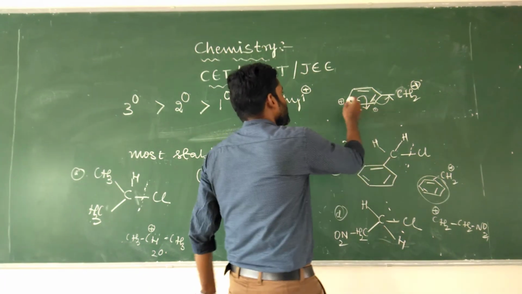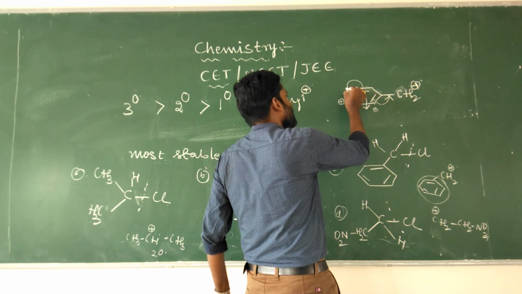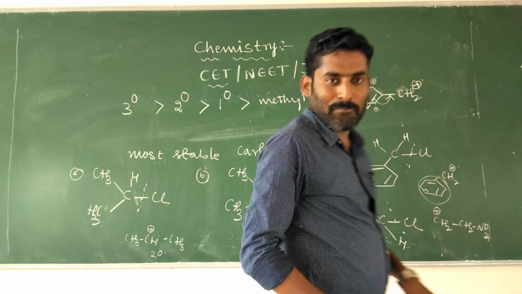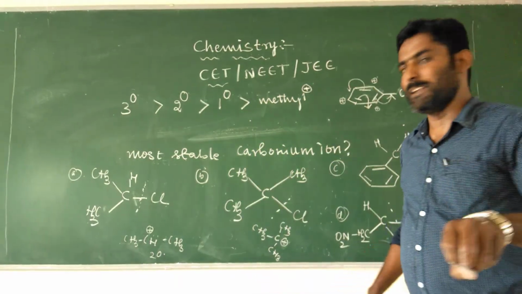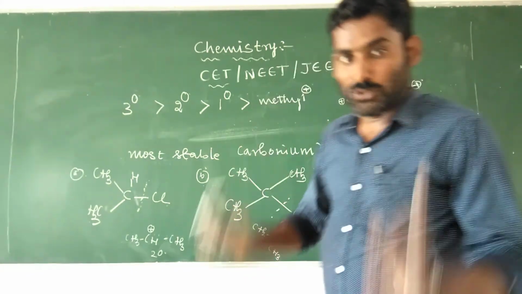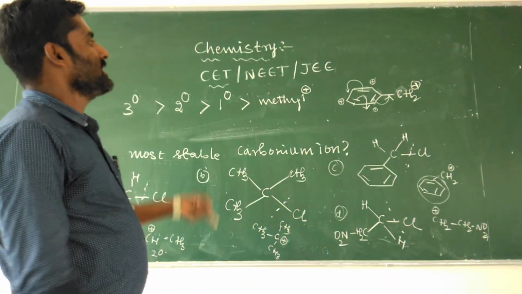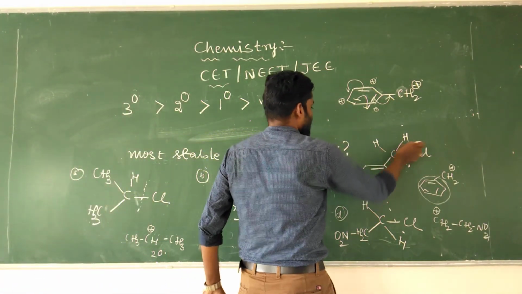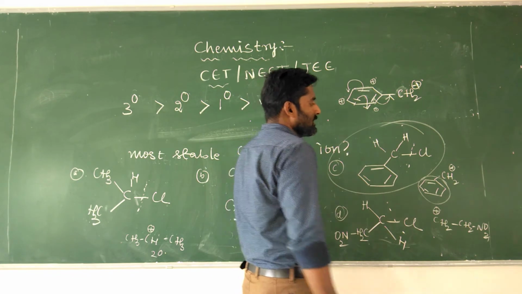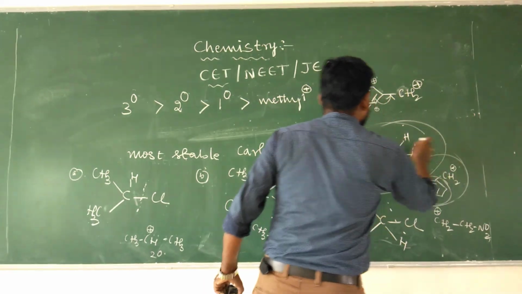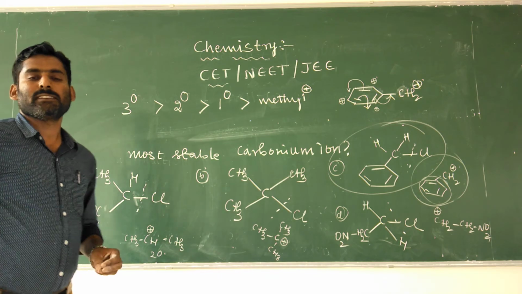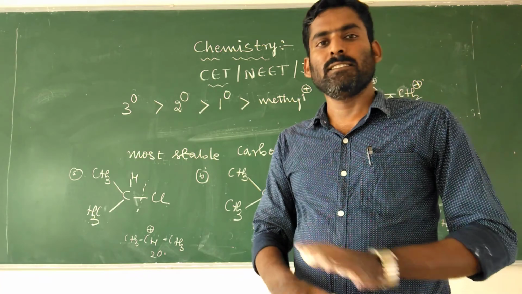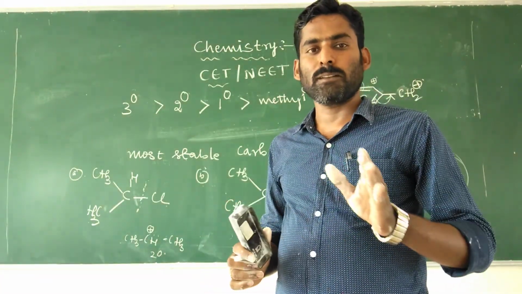Once again, to satisfy this positive charge, the double bond comes here, and the positive charge is at the para position. Like this, resonance stabilization takes place in the benzyl carbocation. So after the breakage of the carbon-Cl bond, the benzyl carbocation is the most stable carbocation.